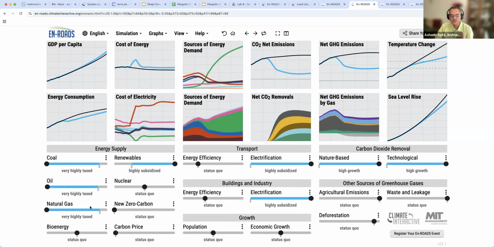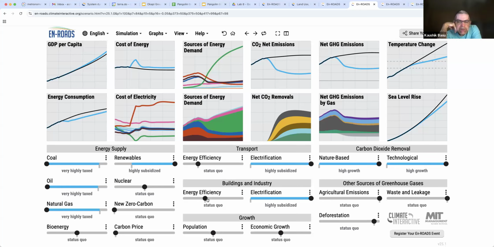So again, this is a thought experiment, which is why I'm pulling them all the way. But the insight, at least, I am getting from this is electrification and renewables by itself is only one part of the answer. The other part of the answer is that we need to somehow disincentivize fossil fuels. Otherwise, we will use a lot of renewables, yes, but we will also continue to use a lot of fossil.